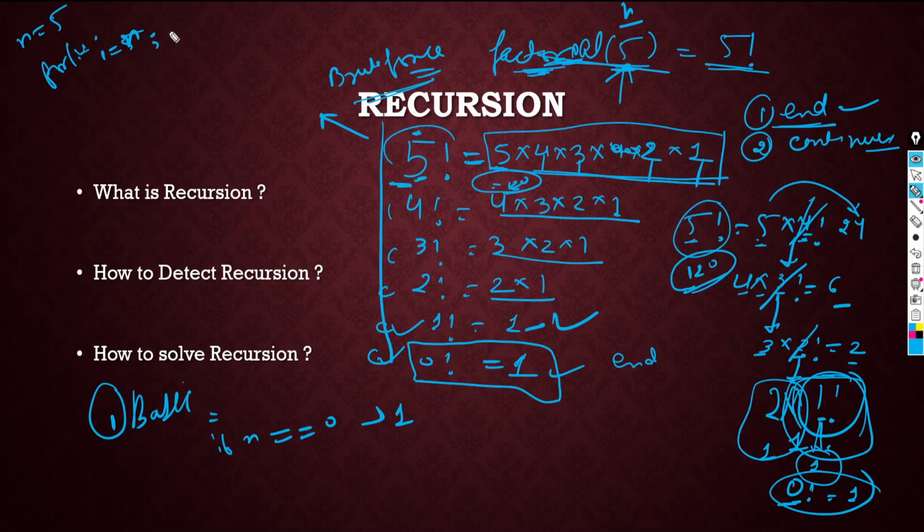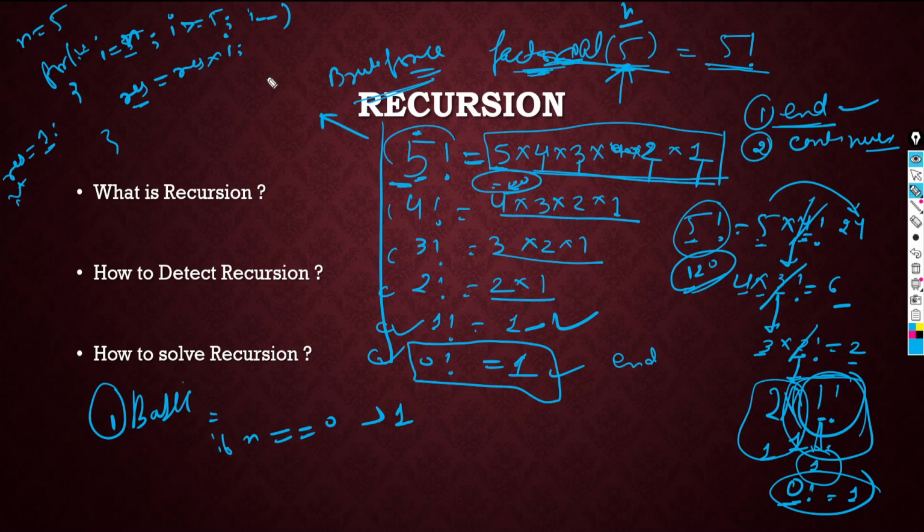Then i is greater than or equal to 5, and i minus minus, you have to decrease this value. And what activity do you have to perform? Let's suppose I take result is equal to 1. This is also an integer variable. So result is equal to result into i.